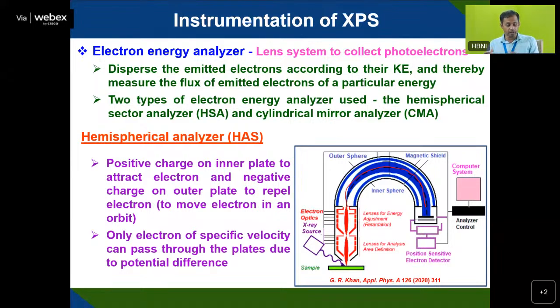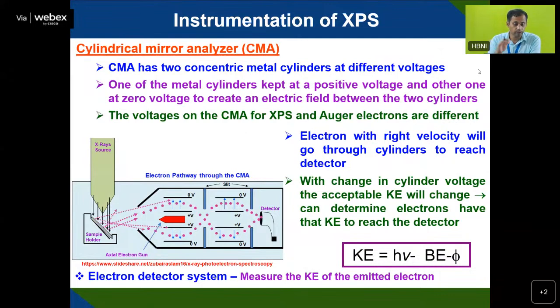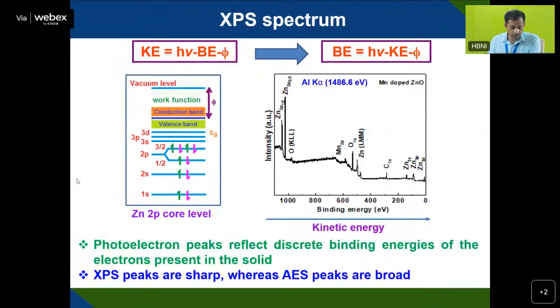So not any electron can pass through this hemispherical analyzer; only electrons with that specific velocity can pass through this process. Then the cylindrical mirror analyzer, earlier I told, is hemispherical.